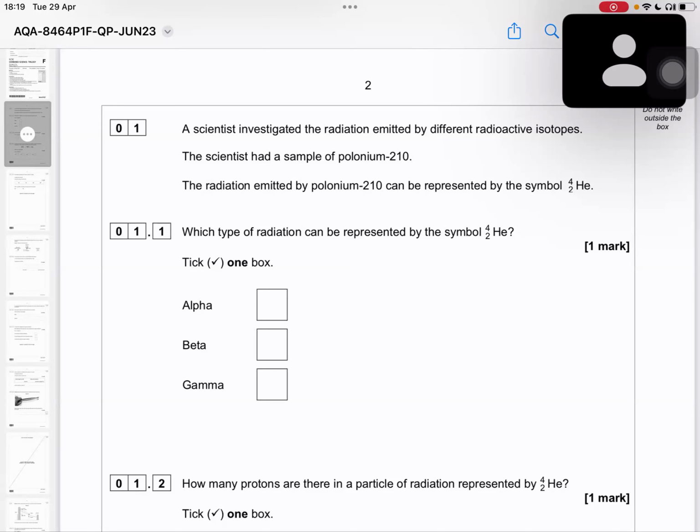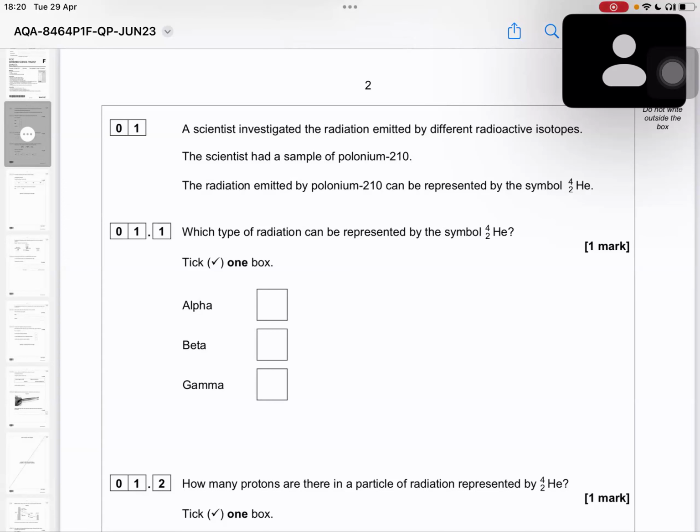That symbol is representing helium in terms of its atomic mass and atomic number, which we remember, the atomic number is the number of protons in the nucleus, while the atomic mass is the sum of the protons and the neutrons.